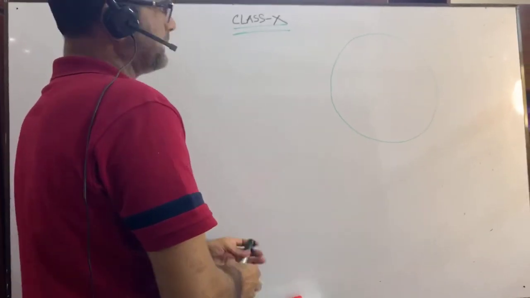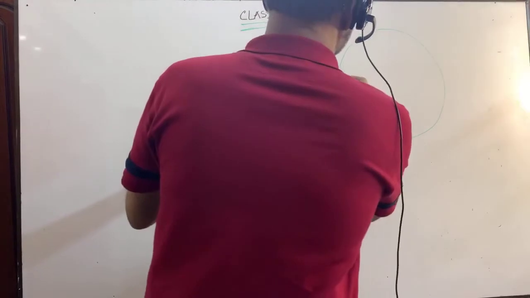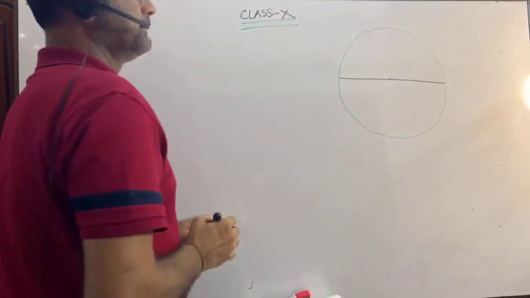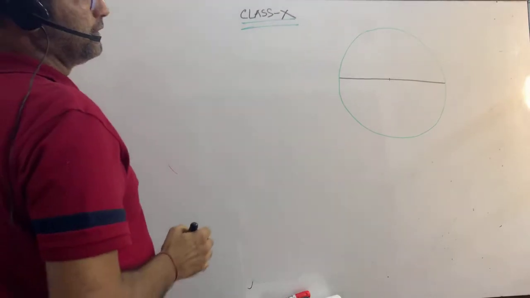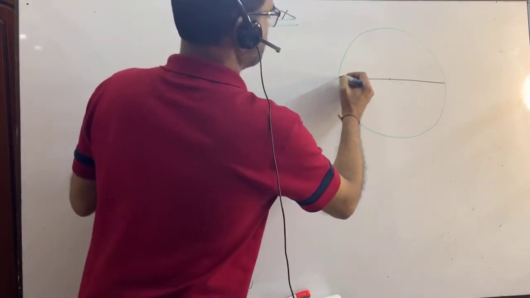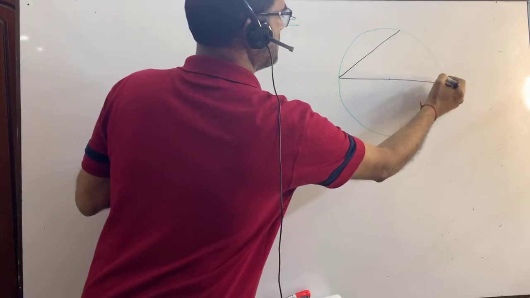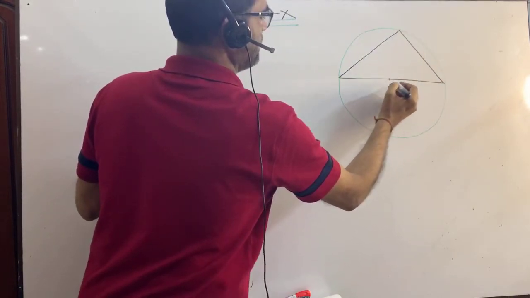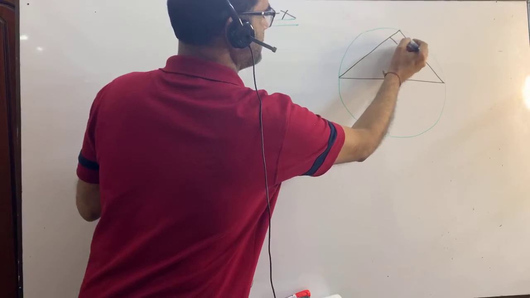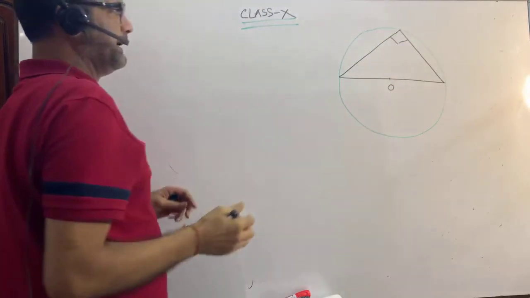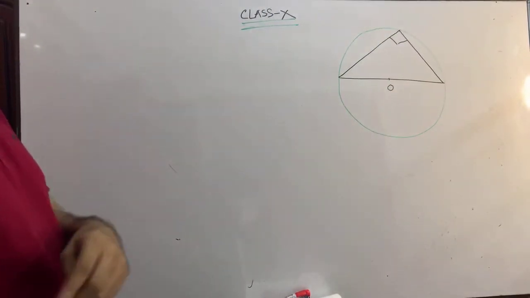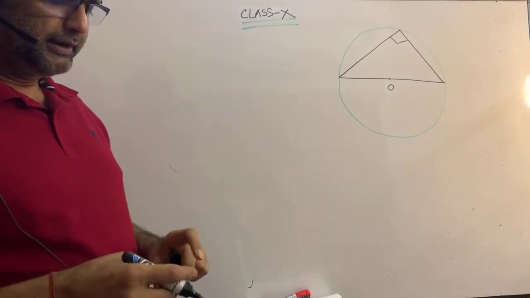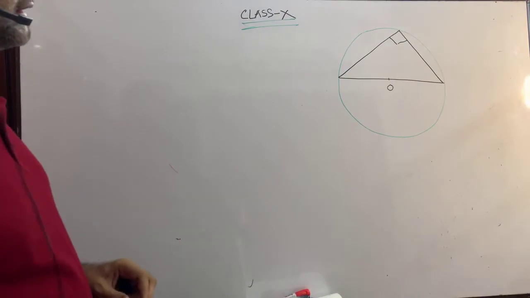You are given like this. This is the center. If this is the center, then you know this is 90 degree, right? It is the angle at the circumference.